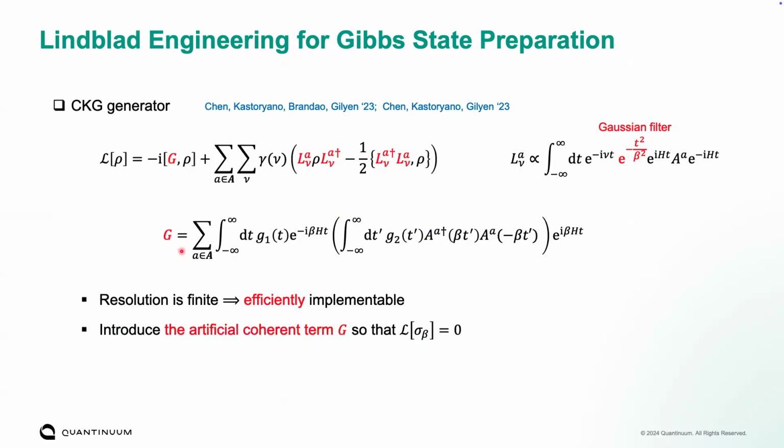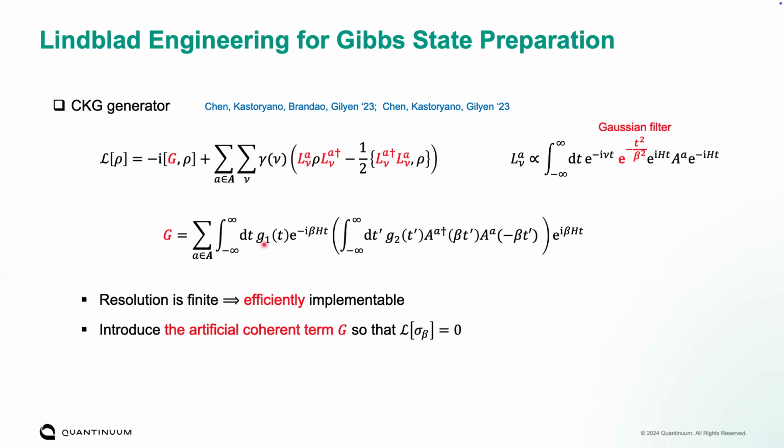Admittedly, this G looks very complicated, but still, it can be implemented in a scalable manner by using an efficient quantum circuit. It of course depends on this jump operator and some exponentially decaying function and so forth.